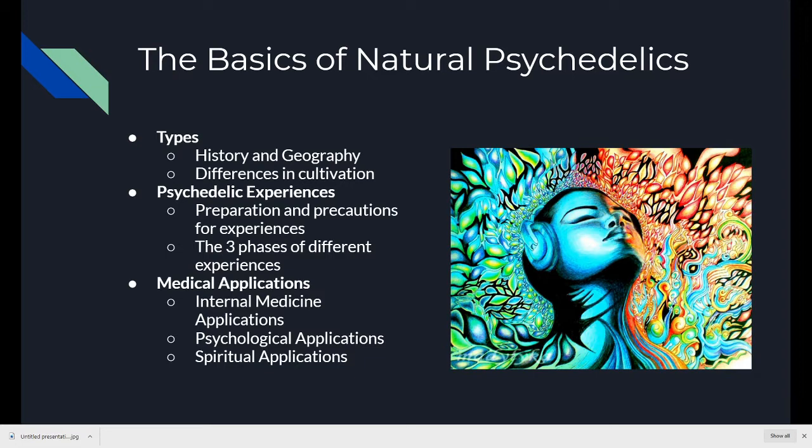These three different phases include a rise, a peak, and a fall. During a peak experience, the user might find that they are unable to complete normal tasks. And that's why preparation and precautions are always most important.